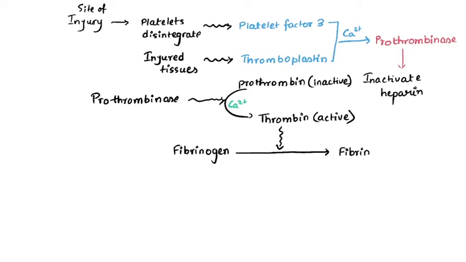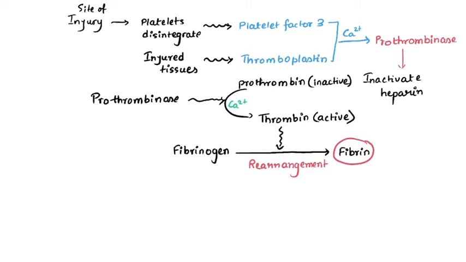So basically, what thrombin is doing is rearranging the fibrinogen by depolymerizing it and repolymerizing it and forming the fibrin.